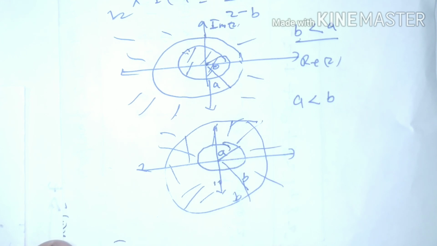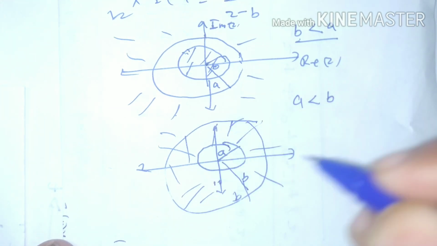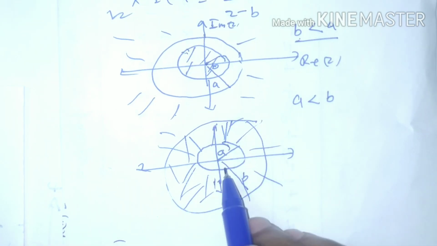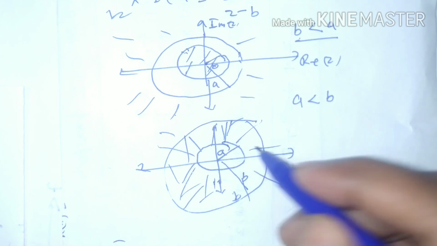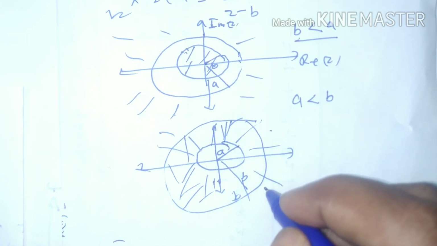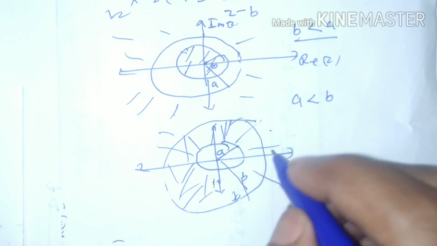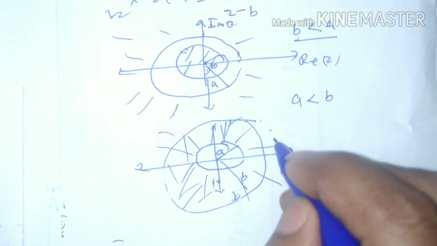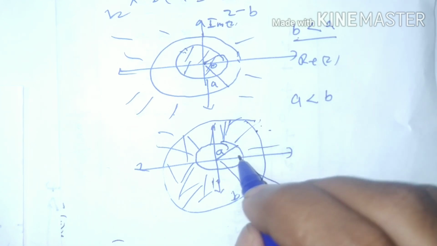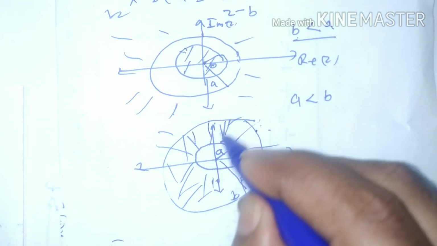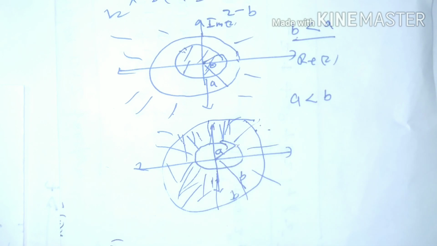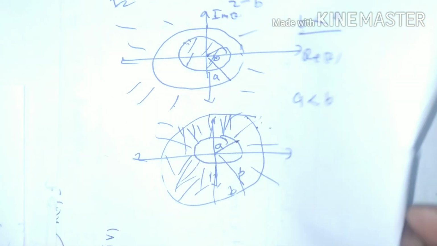So its intersection ROC will be this one. One signal says that its ROC will be the exterior part of the circle, that is greater than a, and the other signal tells that its ROC is the interior part of the circle, that is less than b. So its intersection will be this one.